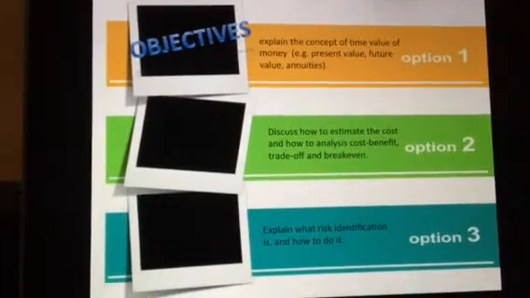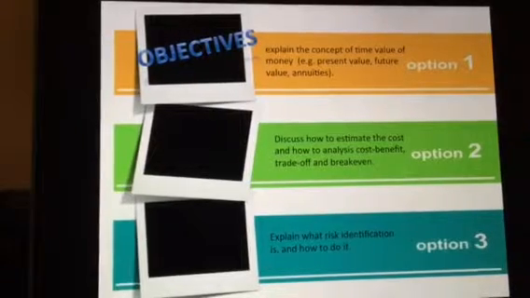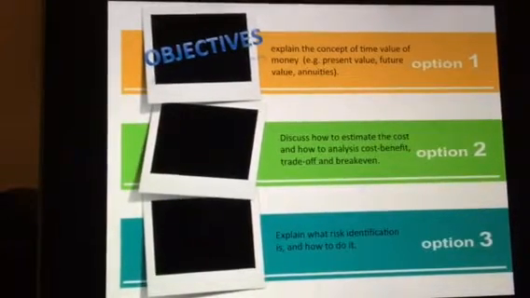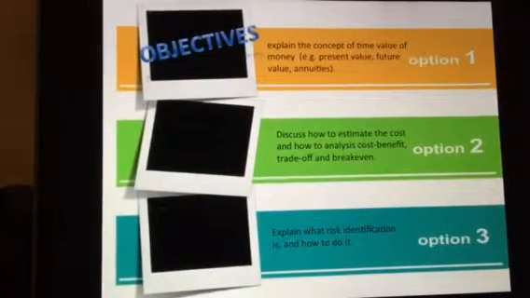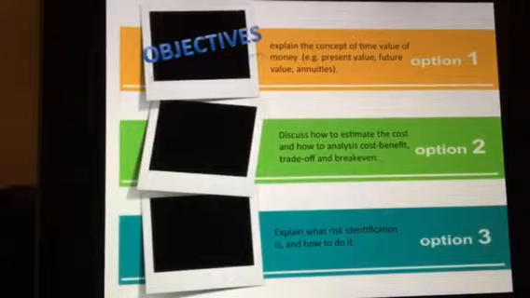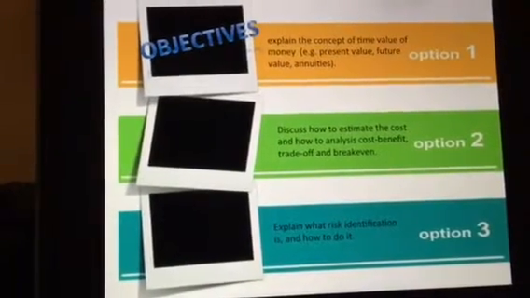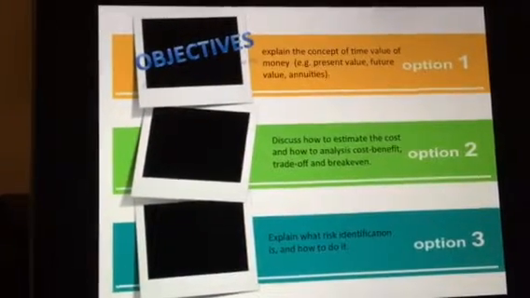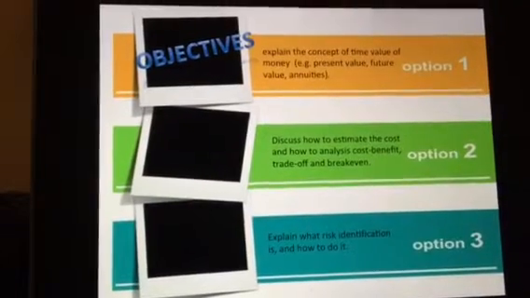At the end of this lecture, every student should be able to explain and calculate present value and future value by using the formula. We will also learn 4 types of cost estimations and be able to make a good choice based on engineering economics.